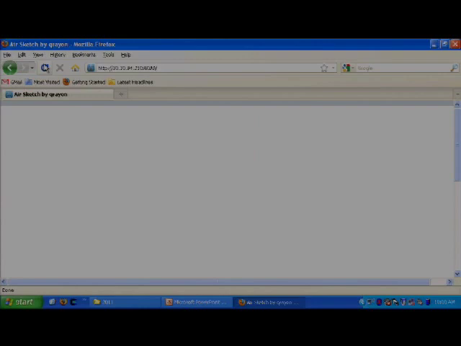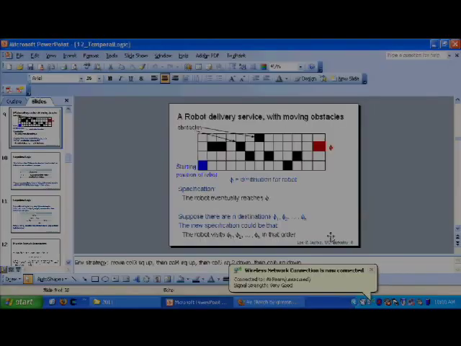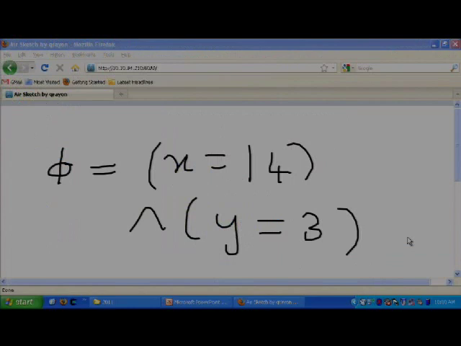So you can write down the property phi as the xy coordinates are equal to the coordinates of the location, which is the goal square, the goal state, right? And then your specification is that the robot must eventually reach x equals 14 and y equals 3. Okay, and so this is another English property, right? The robot eventually reaches phi, but we'll see that we can even write this in temporal logic.